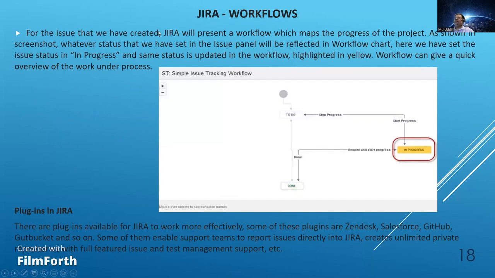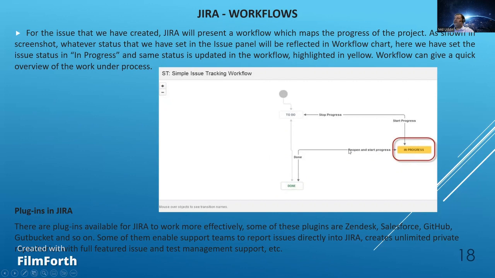For the issue that we have created, Jira will present a workflow which maps the progress of the project, as shown in the screenshot here. Whatever status we have set in the issue panel will be reflected in the workflow chart.